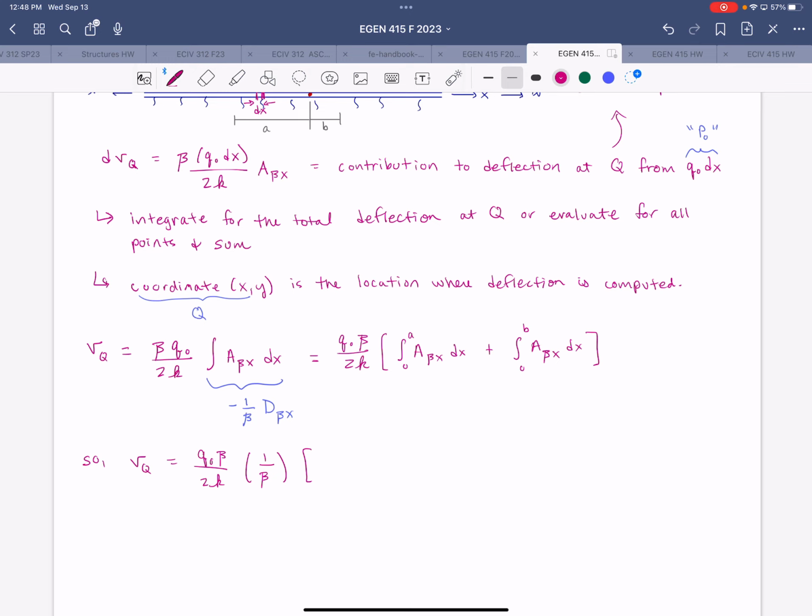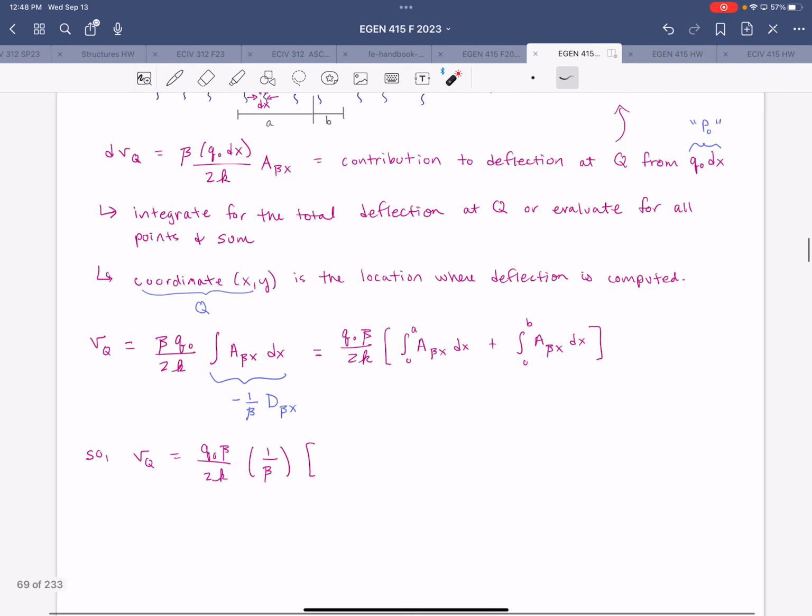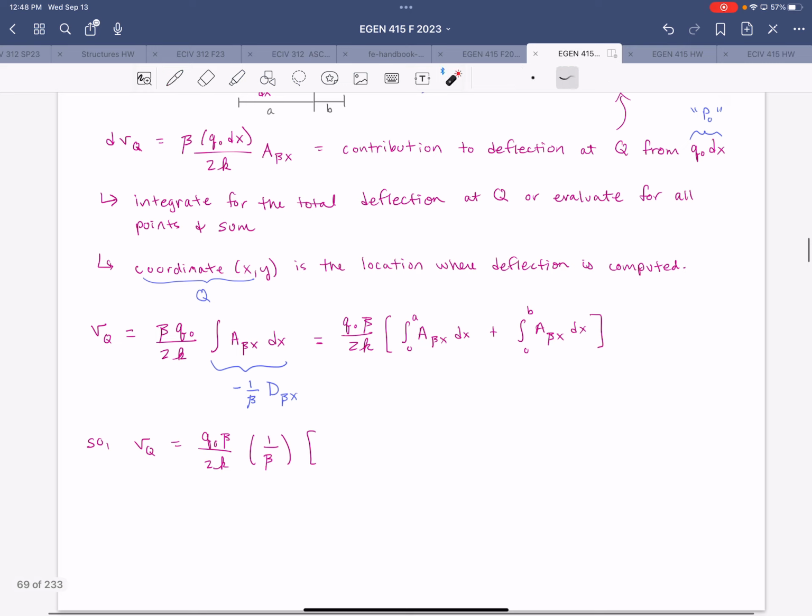So I pulled the 1 over beta out front, and then I'm going to distribute the negative sign in the integral evaluations. All right, so normally we would evaluate at a and subtract the evaluation at 0. I'm just going to flip that to account for the negative sign here.